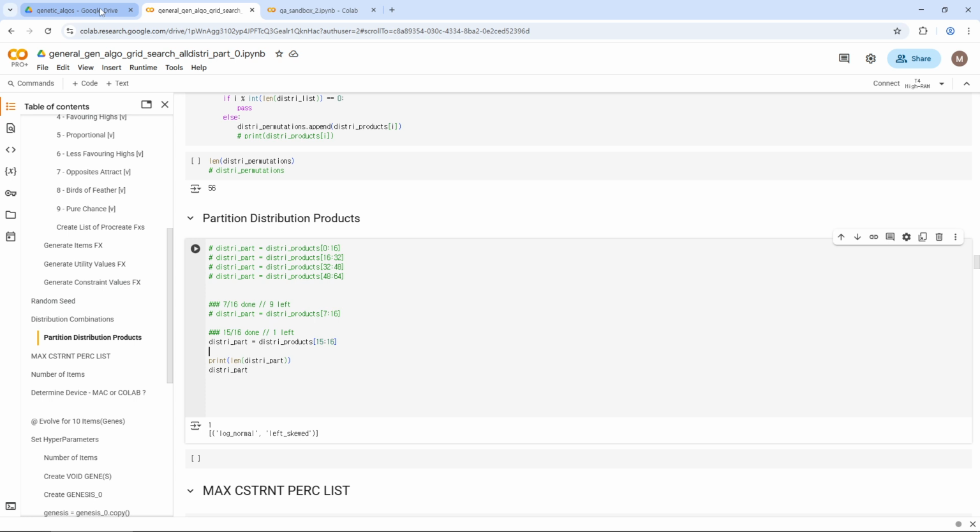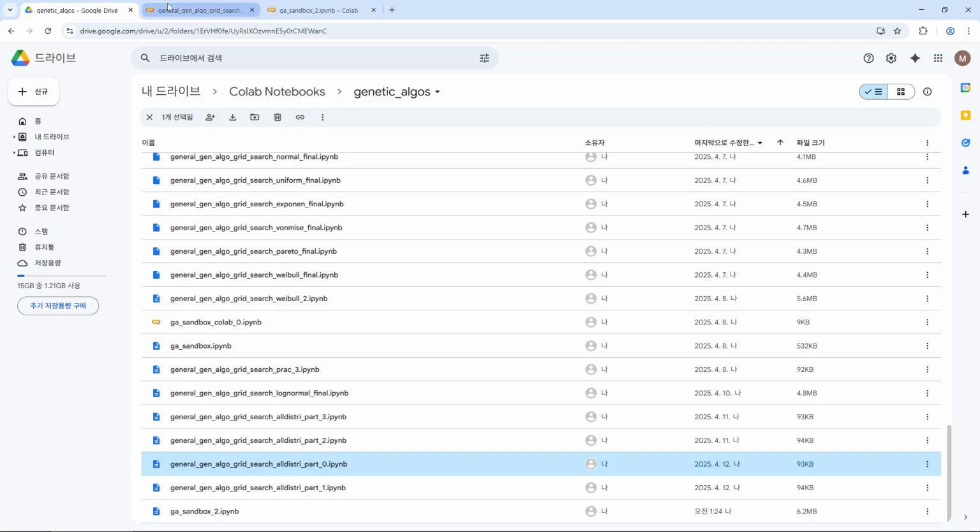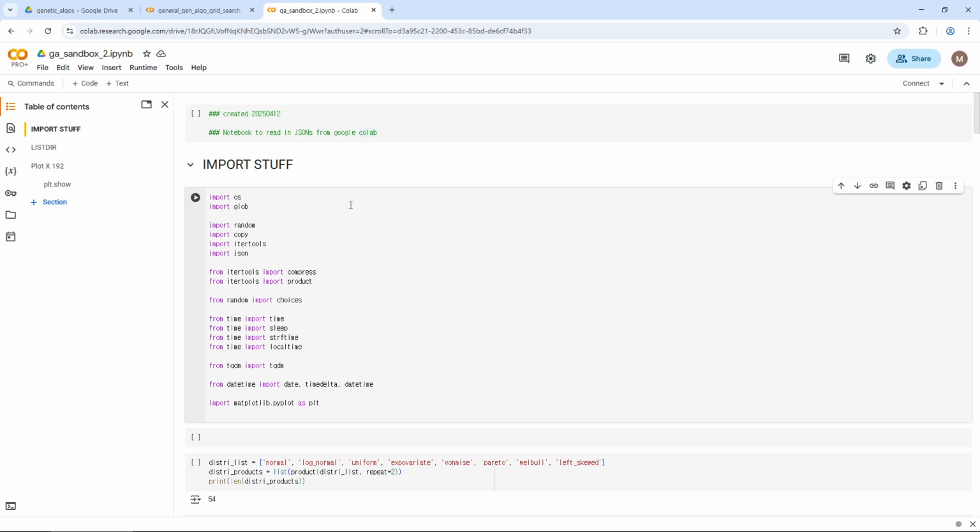But after about 60 plus hours, I got everything. I got around 197 files, when I should actually have 192 files.